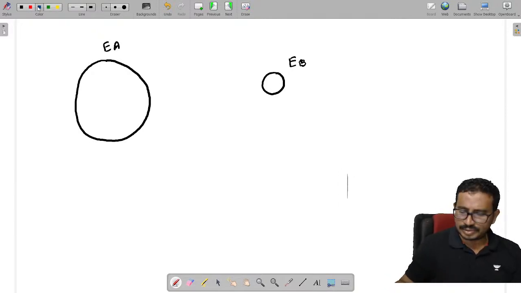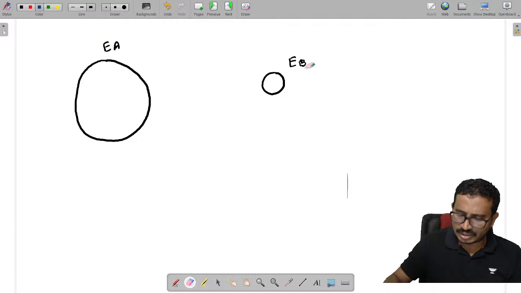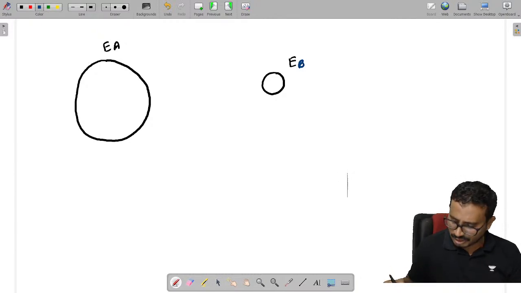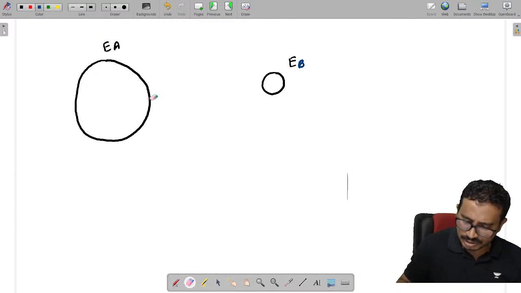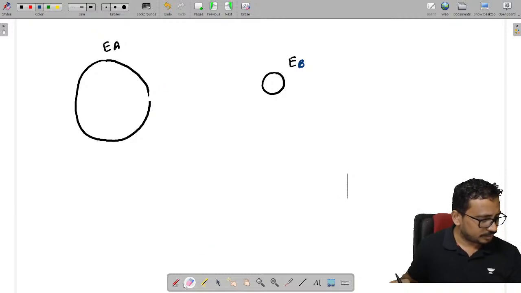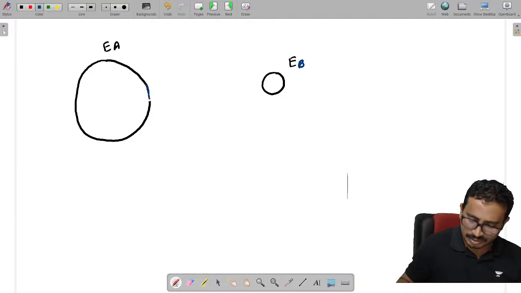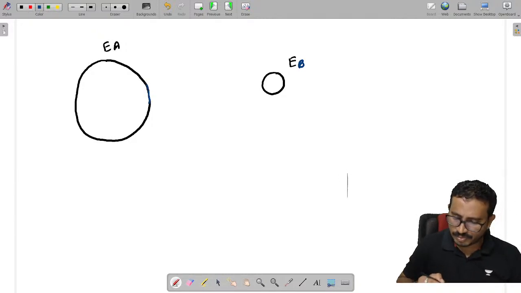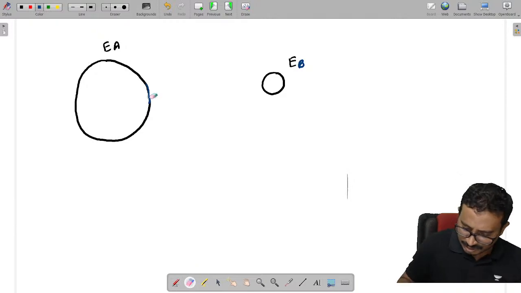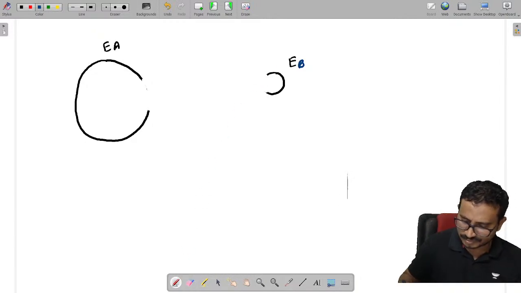So EB is high compared to EA. Now what I am doing is, I made the scenario with this conductor. I have connected this conductor like this.